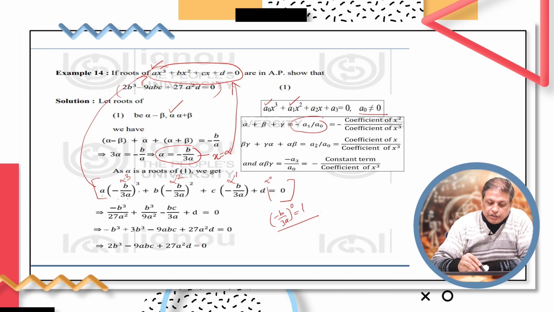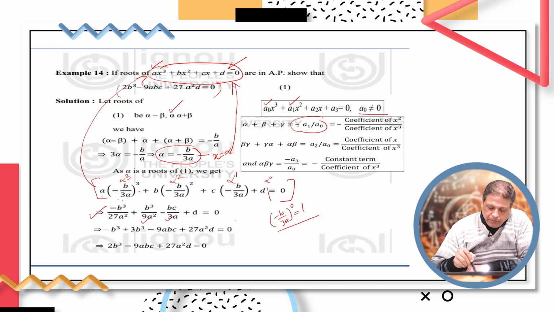So, substituting the value of alpha in place of x in this equation, because alpha is one of the roots, you will get this as the final expression after opening the braces. After opening the braces, you will get minus b cube upon 27a square, because 3 3s are 9, 3 9s are 27, 3 3s are 9, so 9a square, and only 3 is there, so this will be there.